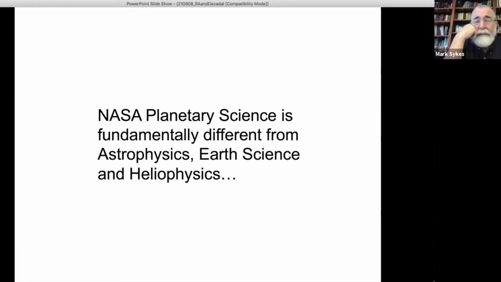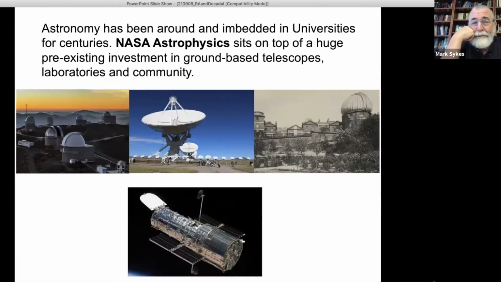I'd like to start off by pointing out that NASA planetary science is fundamentally different from astrophysics, Earth science, and heliophysics. First of all, astronomy has been around for a very long time and is deeply embedded in universities. NASA astrophysics sits on top of a huge pre-existing investment going back over centuries in ground-based facilities, laboratories, and a massive astronomical community, primarily centered at universities.